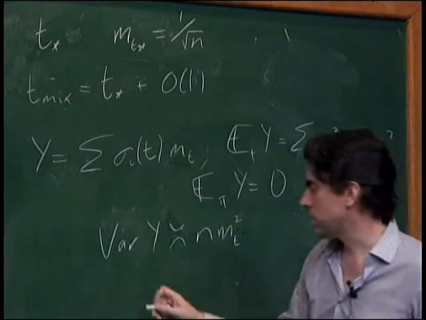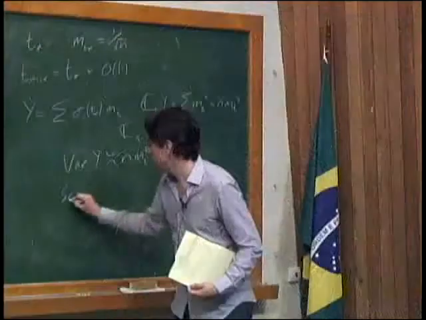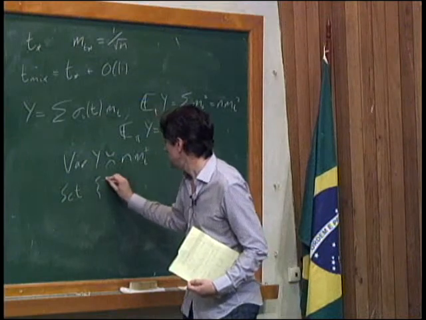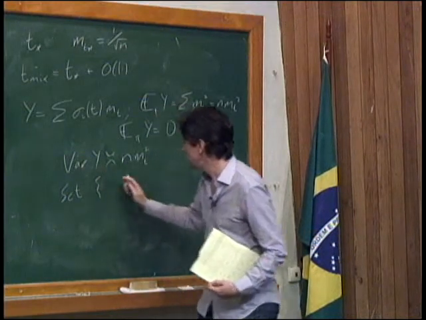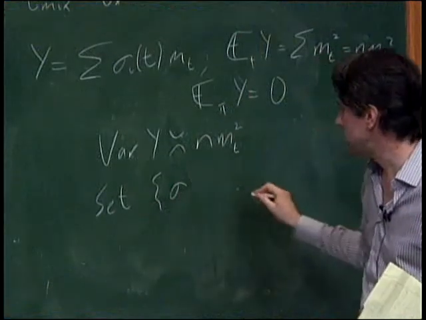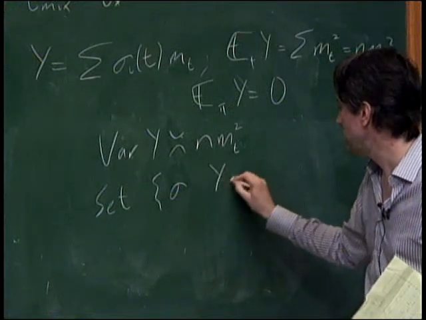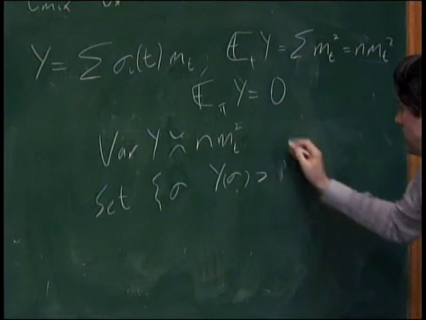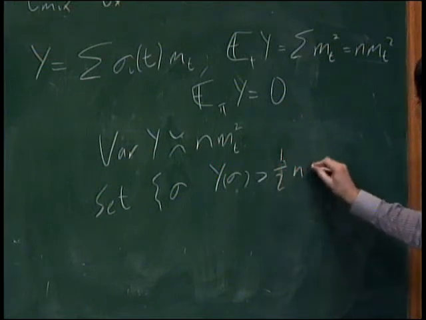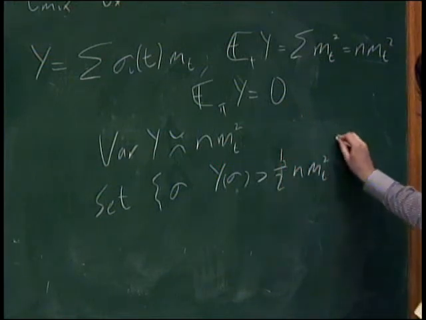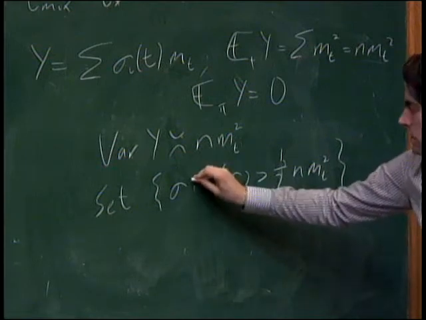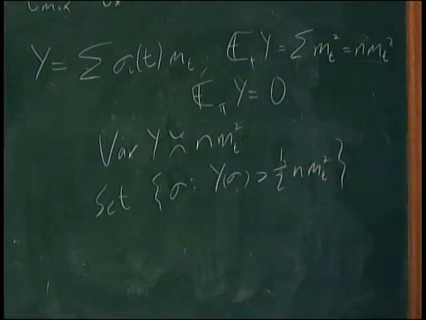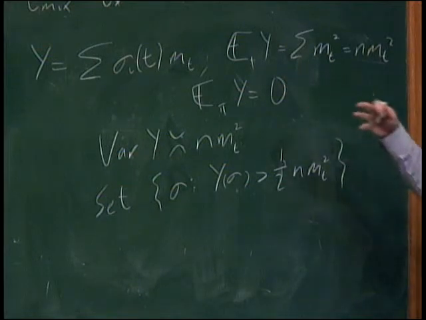So if you look at the set of sigma such that Y of sigma is greater than half n M_T squared, this will give you a good test statistic for comparing the stationary distribution with the all plus initial condition.